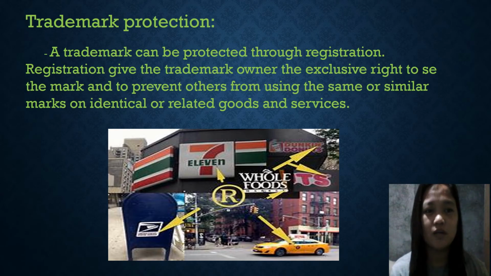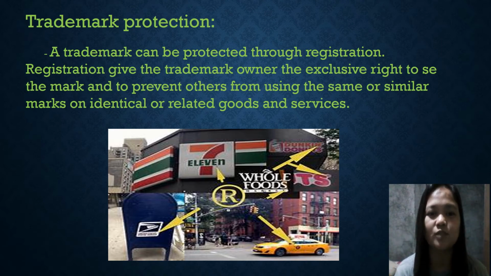There is what we call trademark protection. A trademark can be protected through registration. Registration gives the trademark owner the exclusive right to sell the mark and to prevent others from using the same or similar marks on identical or related goods and services. Here is a tip for trademark registration.